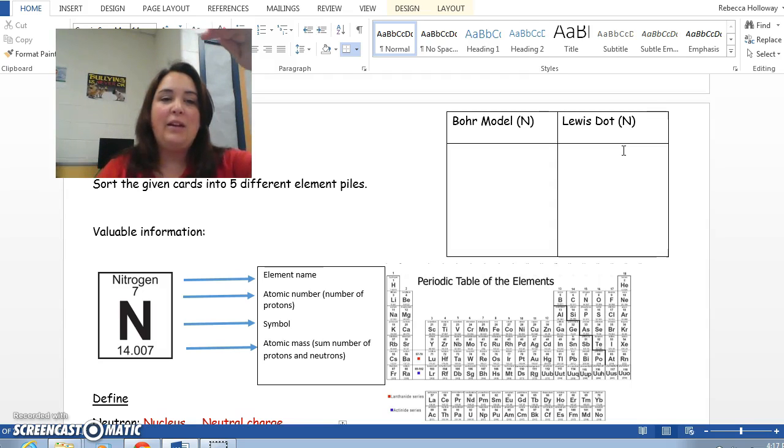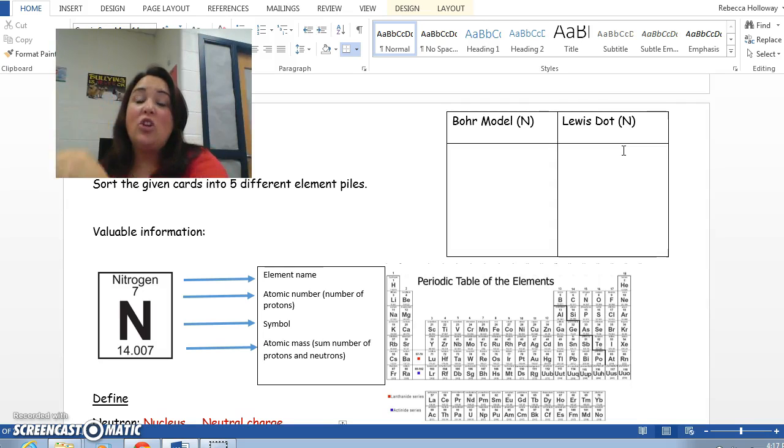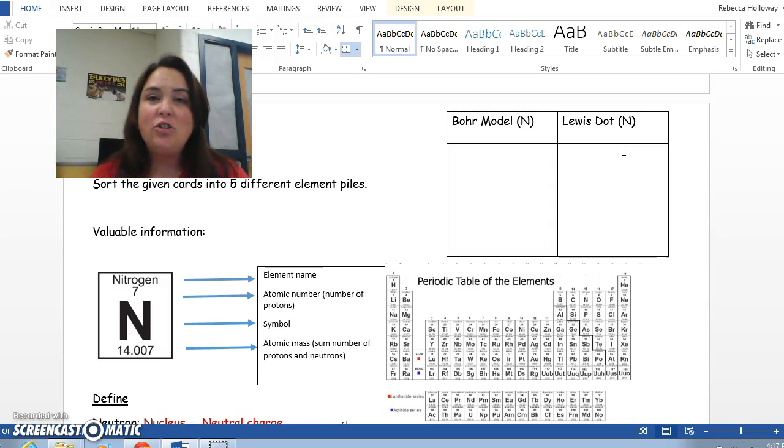So probably coming down, you'll have one element, and then all the cards that go with that element. Then you'll have a second element and all the cards that go with that element, a third element, and so on. Organize them at your table nice and neat, looking at each of them, looking them up, and when you're done, just flag me down and I'll come around and check how you did. So good luck. Let me know when you're done.